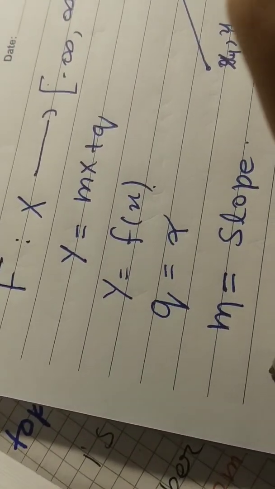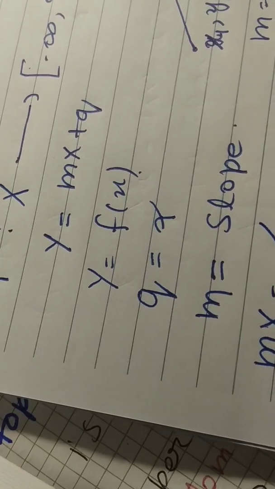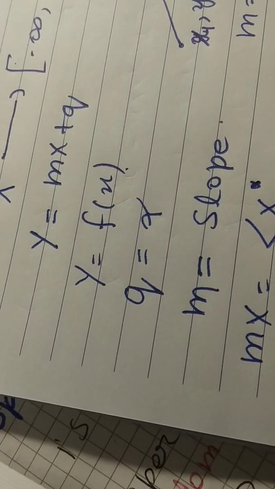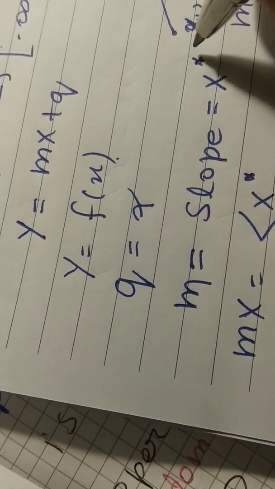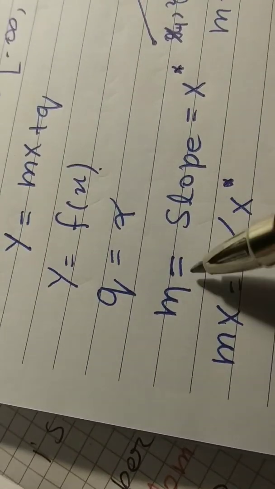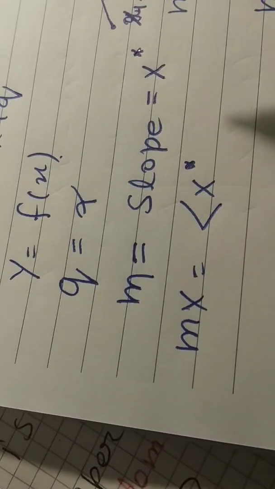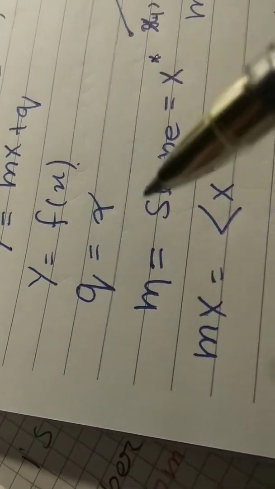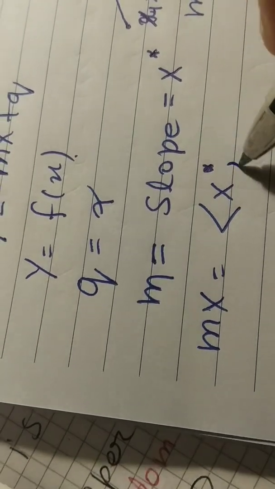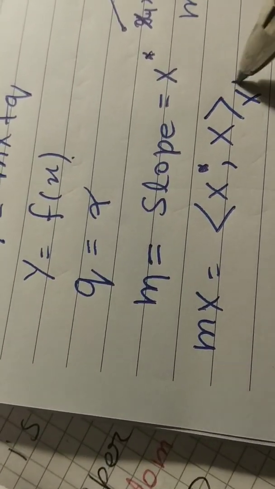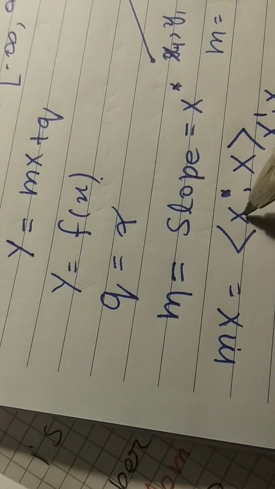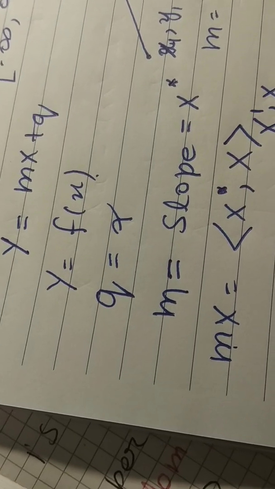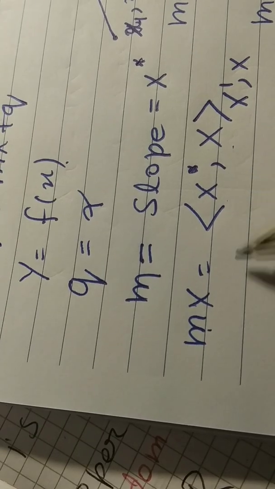Now we can take mx as the inner product. We also assume that m is equal to x star, so mx is equal to the inner product of x star and x. We can write it in this form.